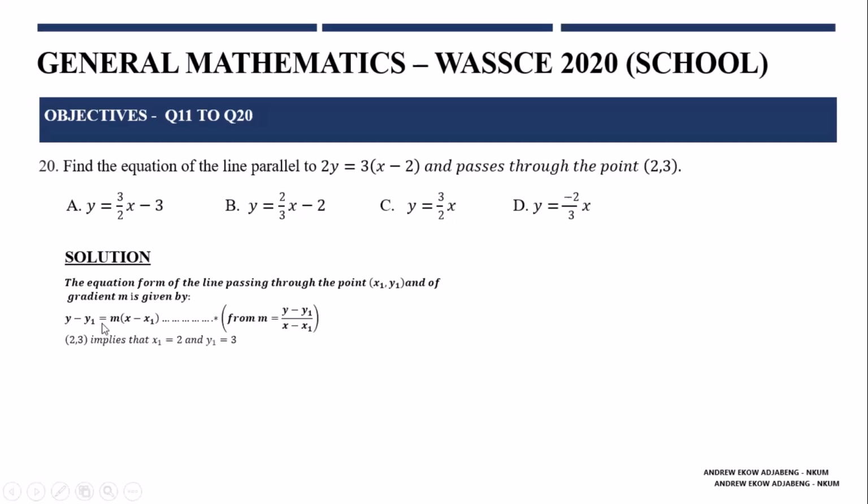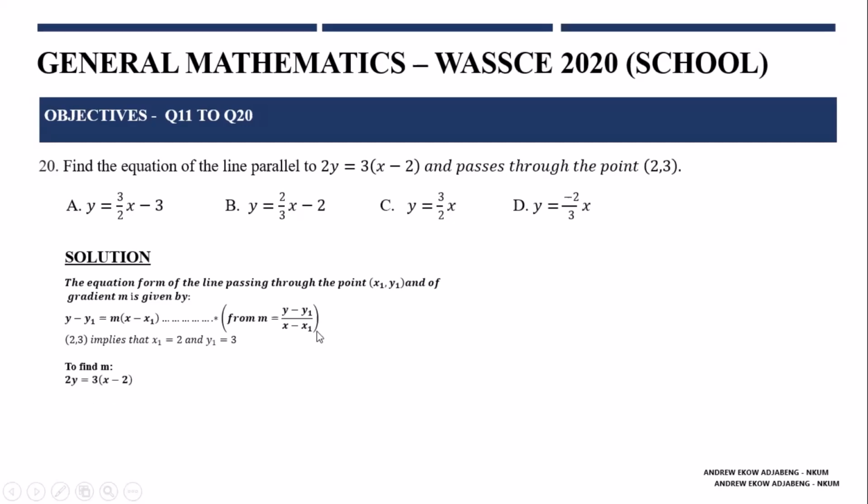Since we know that, it implies that our x1, y1 is 2, 3 respectively. In the sense, first value is x, second value is y. So x1 is 2, y1 is 3. It means we are looking for m. We need to find a gradient in order to find the equation of the line.